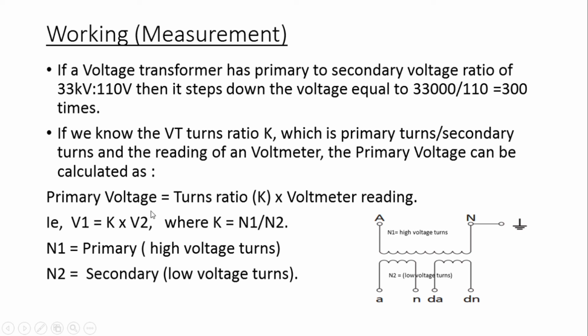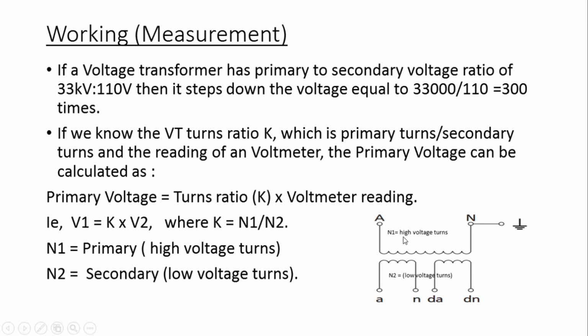If you know the VT turns ratio K, which is primary turns by secondary turns, and the reading of the voltmeter, the primary voltage can be calculated as primary voltage is equal to turns ratio into voltmeter reading. That is V1 is equal to K into V2, where K is equal to N1 by N2. N1 is primary, that is high voltage turns, N2 is secondary, that is low voltage turns.